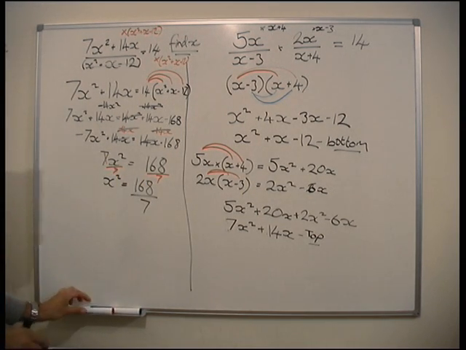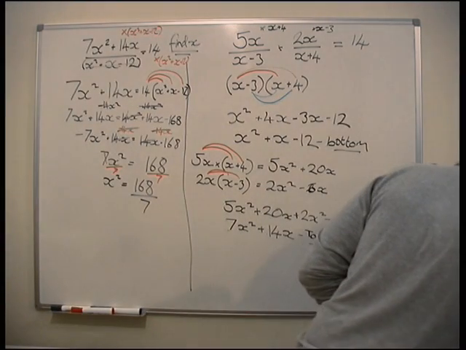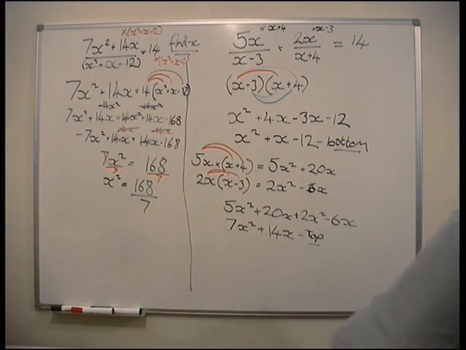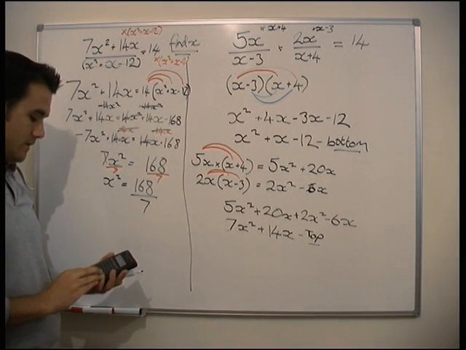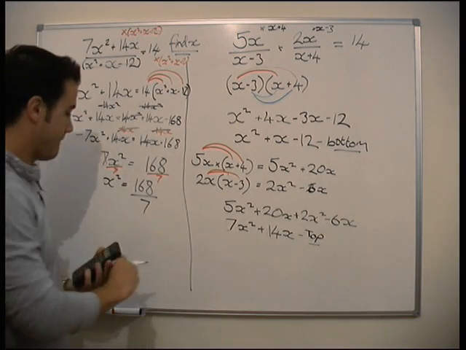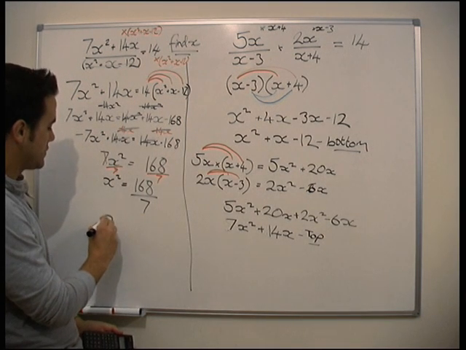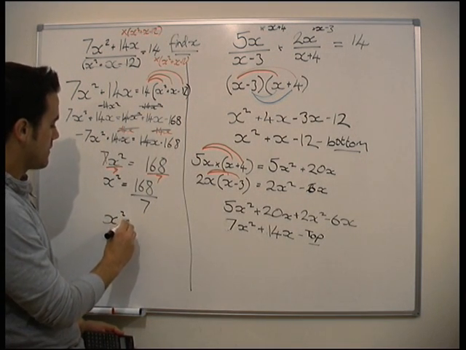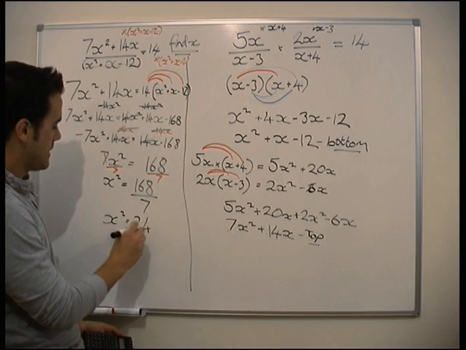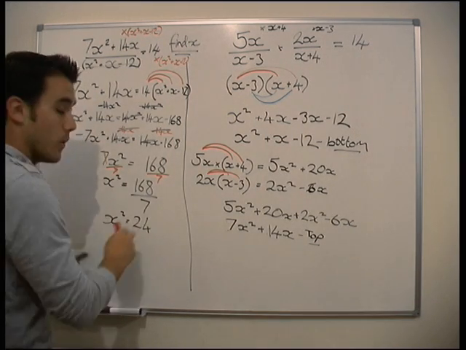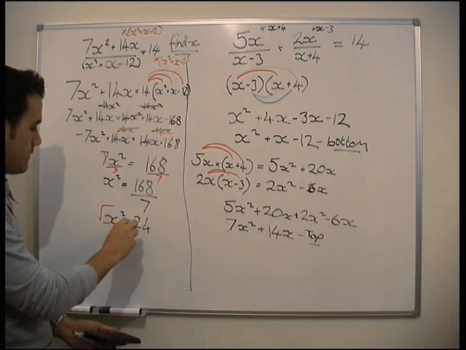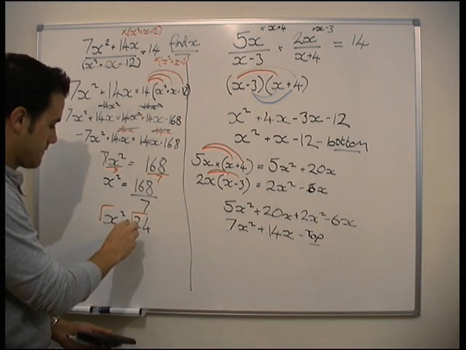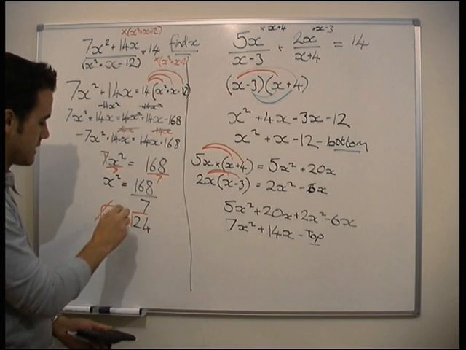So we get x squared is 168 over 7, which I believe is 24. 168 divided by 7, yeah. So that means x squared equals 24. Now we just need to get rid of the squared, so take the square root of both sides, and then that square root will cancel that.